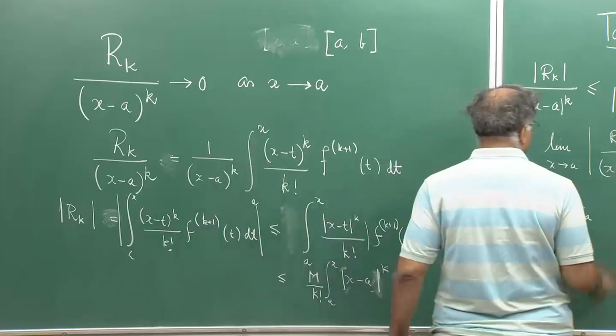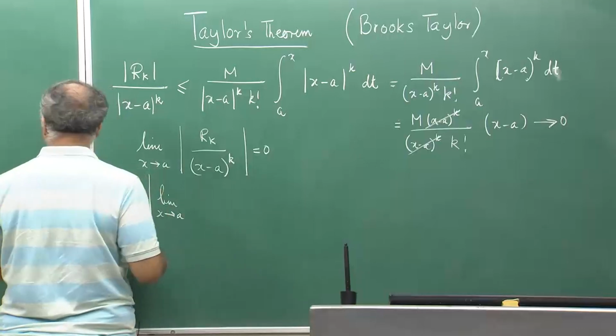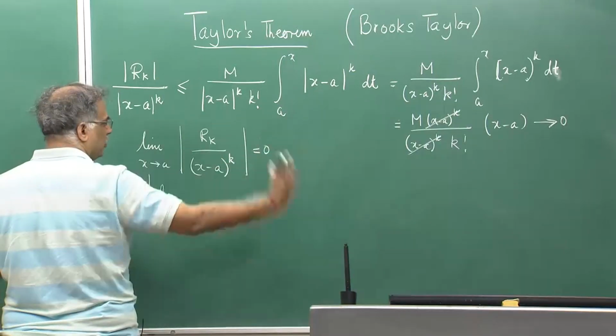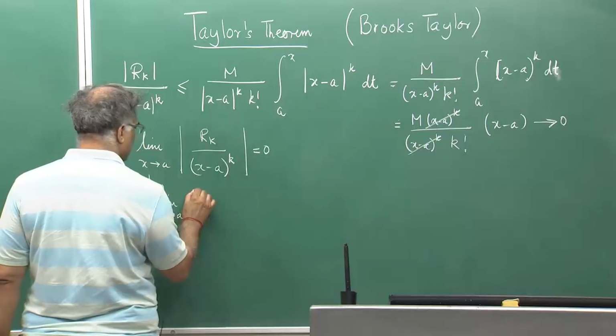So it is enough to even prove mod of r k, if I put this to be 0, that is fine, right?